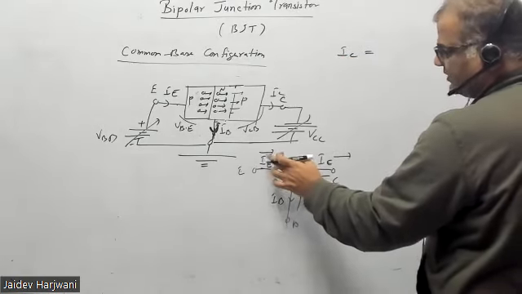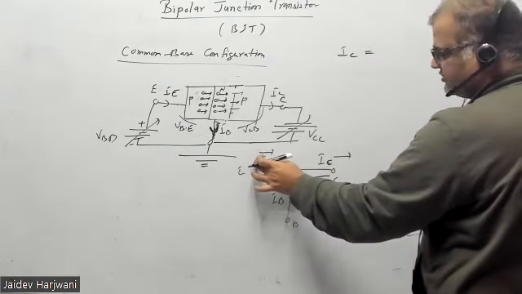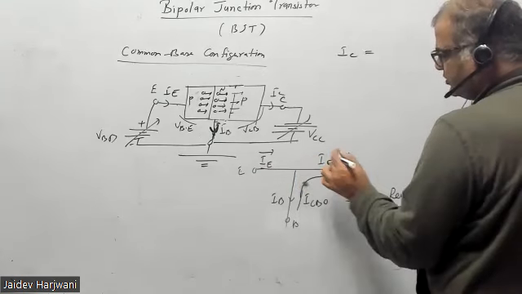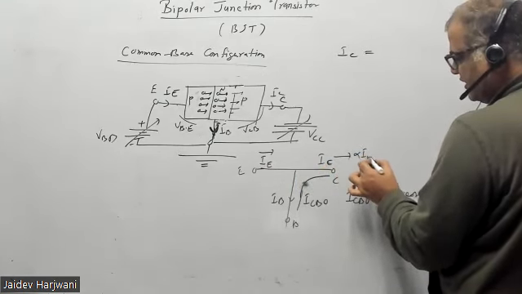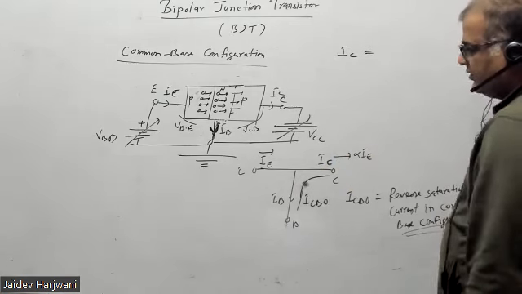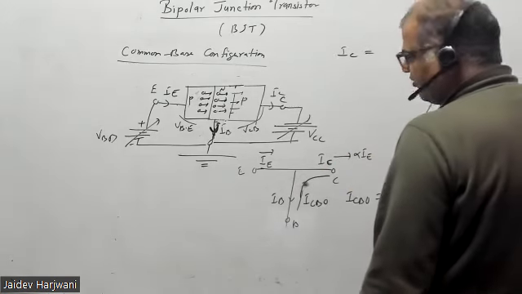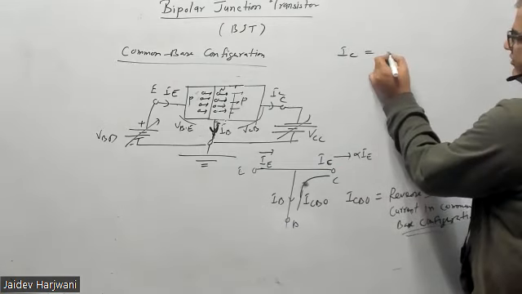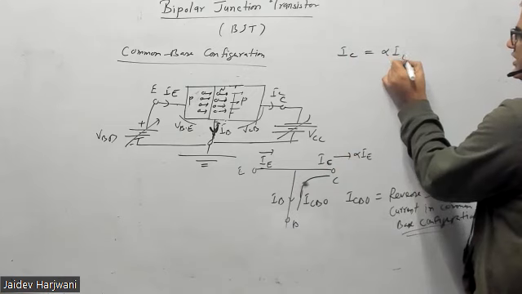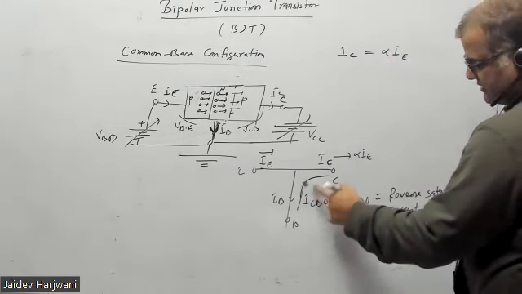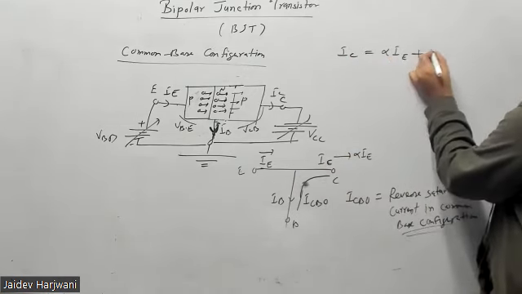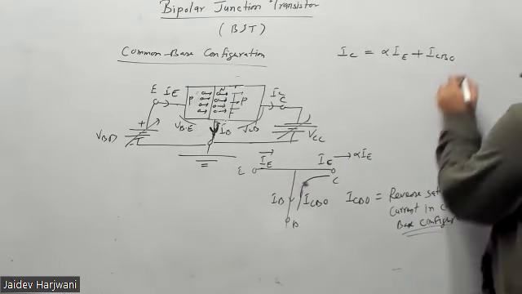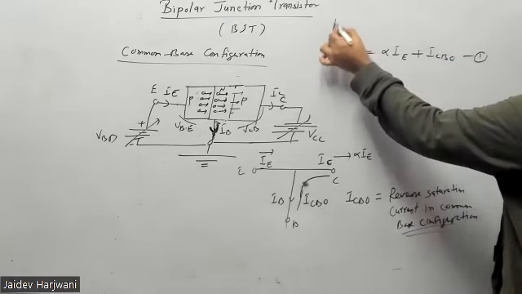A very high amount, 99%, of the emitter current reaches here, so my IC is almost equal to alpha IE, where alpha is the current gain coefficient. So IC is made of alpha IE plus ICBO. This is equation number 1. So I am writing the fundamental equations for the transistor.